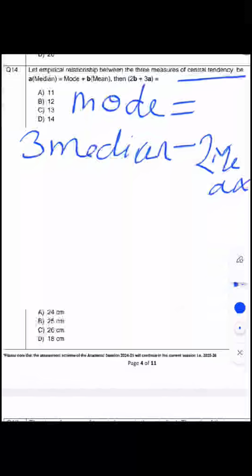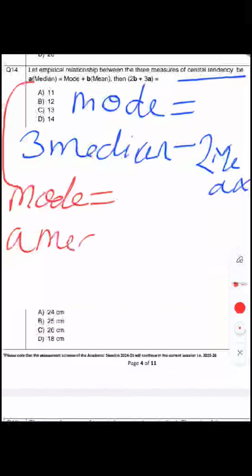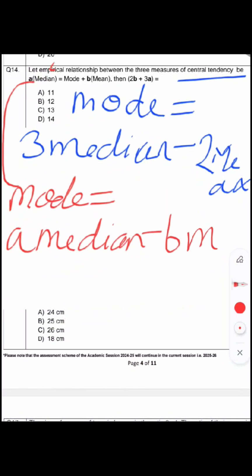So here the formula of the mode is this, and from the question, mode equal to a median minus, if you take this b on this side, it comes with a negative sign, b mean.